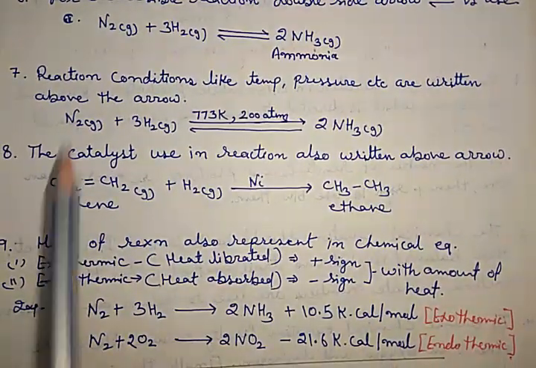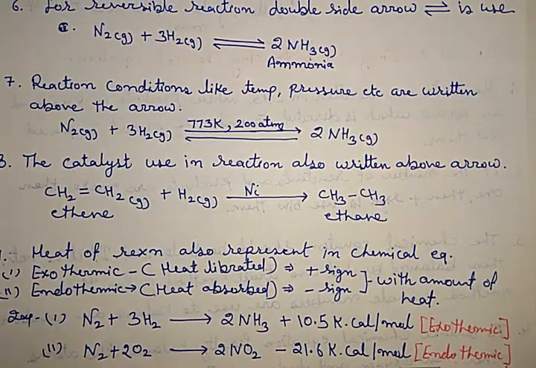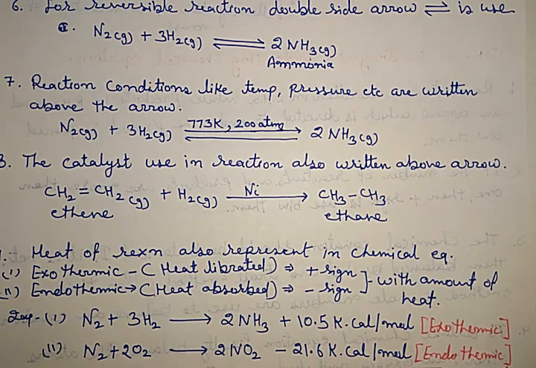Clear? Now, the 7th point is reaction conditions. Some reactions have specific temperature and pressure requirements. To make the chemical equation more informative, the reaction conditions are also represented in the chemical equation.